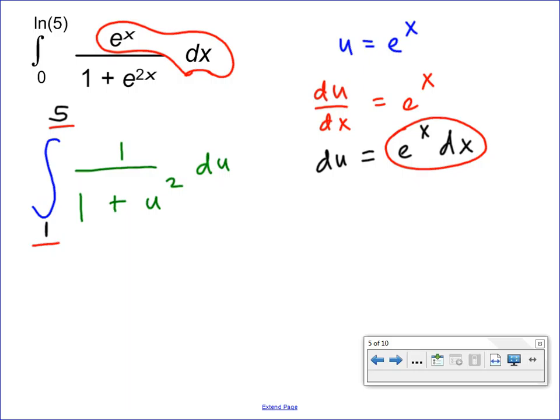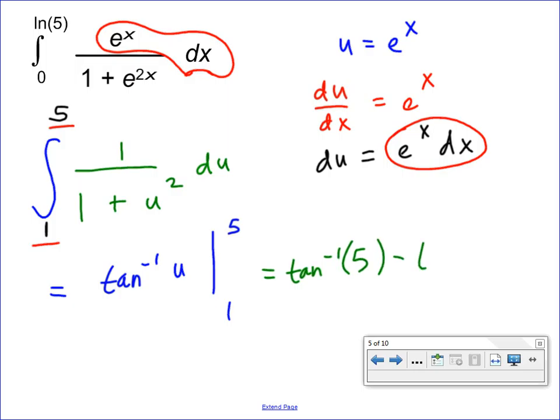The derivative of inverse tangent is 1 over 1 plus the argument squared times the derivative of the argument. And so this is going to be inverse tangent of just u straight up. There's my antiderivative. And we'll evaluate that from 1 to 5, which means I get inverse tangent of 5 minus inverse tangent of 1.